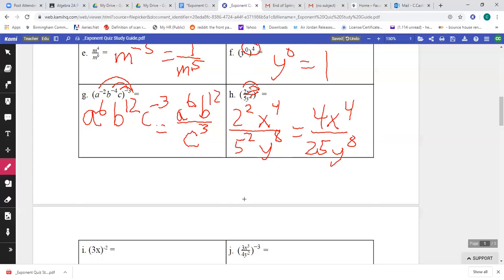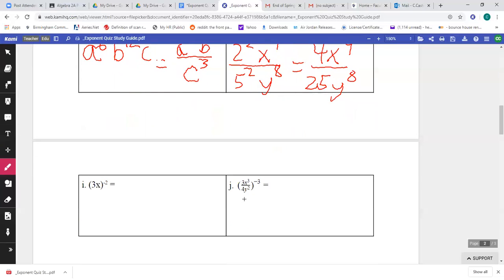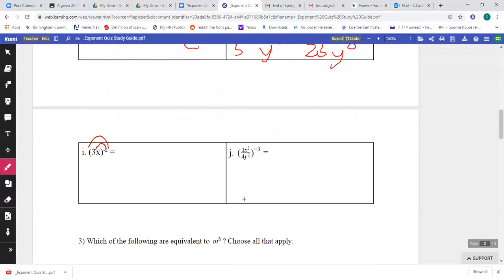Okay, so now let's go for letter I. So for letter I, the exponent will go into each of these things here. So this will be 3 to the negative 2, x to the negative 2.